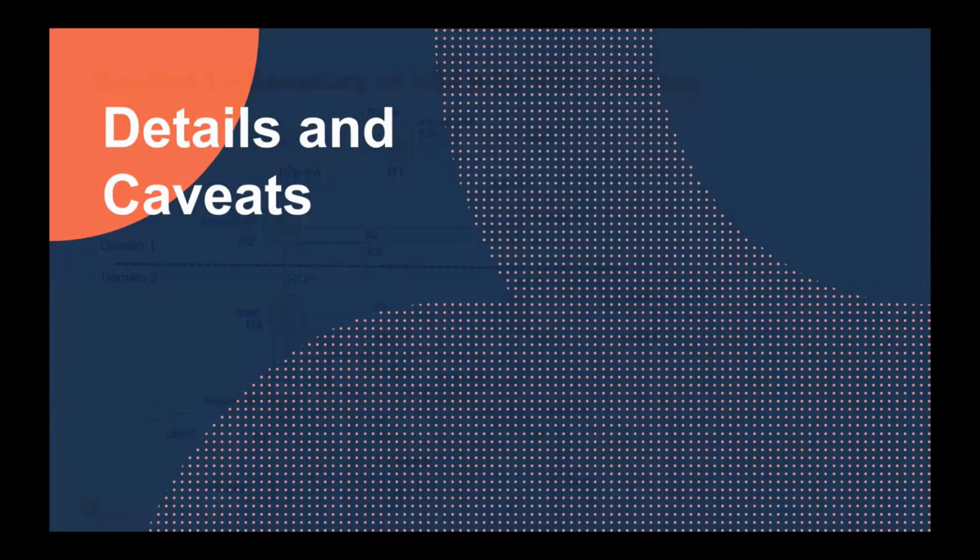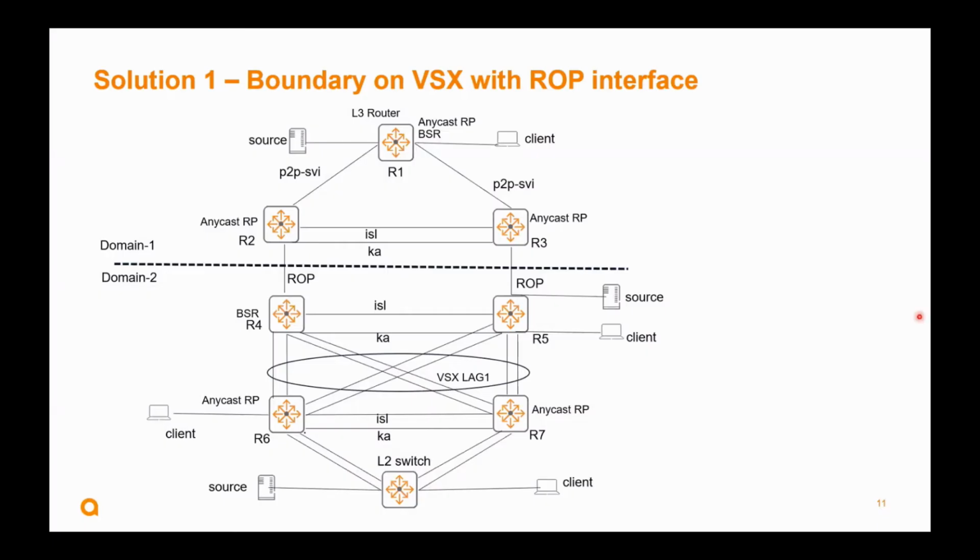Details and caveats. Solution 1, boundary on VSX with routed port only interfaces. In this solution, we're describing the same case: we have VSX running and the Anycast rendezvous points in domain 2.